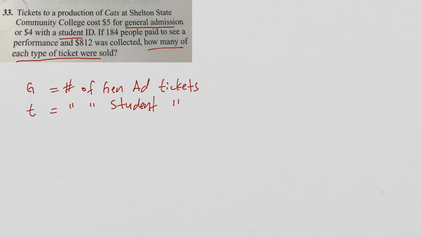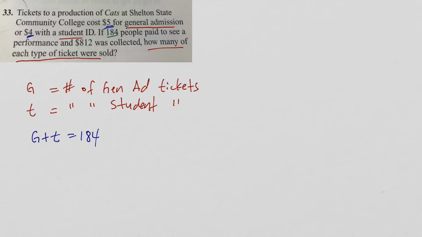I don't like putting an S because I might mistake it for a 5 at some point. Well, general admission were $5 and student were $4. So first of all, G plus T, the total number of tickets, was 184. That's given right here.